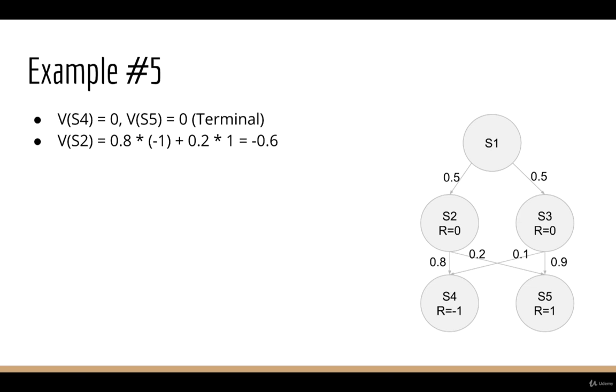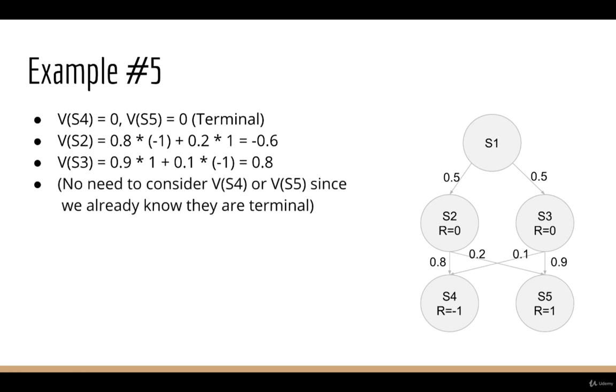Its expected value is negative because it ends up in the losing state more often. V of S3 is equal to 0.9 times 1 plus 0.1 times -1, which is 0.8. Its expected value is positive because it ends up in the winning state more often.